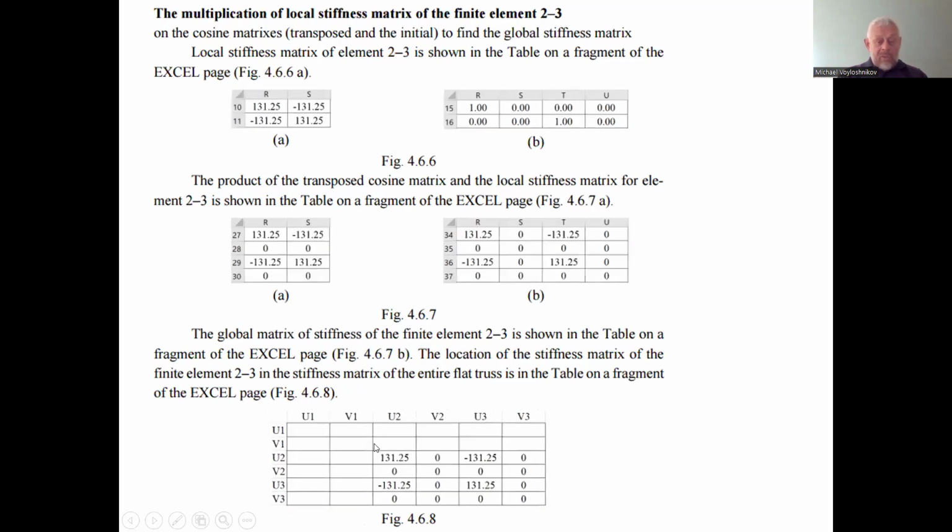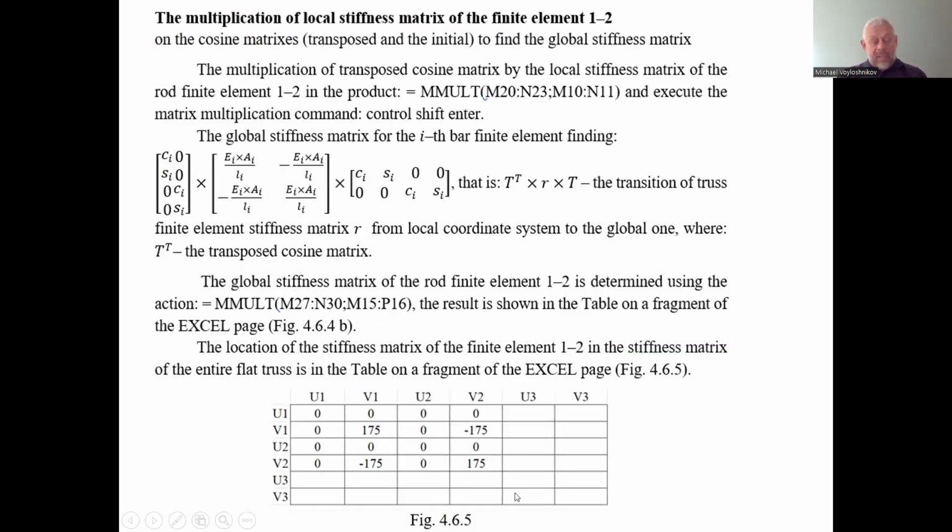So anyway, we got two partially filled templates to have the stiffness matrix of the integral mechanical system in the global coordinate system. We first found the stiffness matrix in the global coordinate system of each finite element. Next, we substitute in the template with the size of the components of the displacements for 3 nodes, because we're talking about the discrete model, and the displacement of the discrete model is the displacement of the nodes of the connection of finite elements in the discrete model.